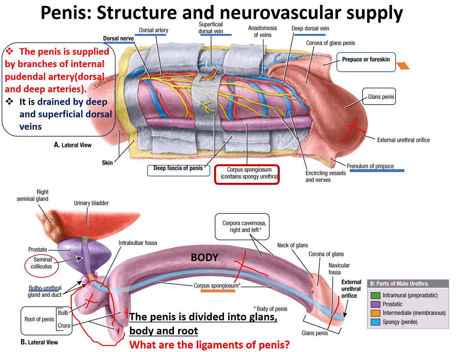The two crura will continue and form the two corpora cavernosa, which are dorsal, right and left corpora cavernosa. The bulb of the penis will form the corpus spongiosum, which contains the penile urethra.